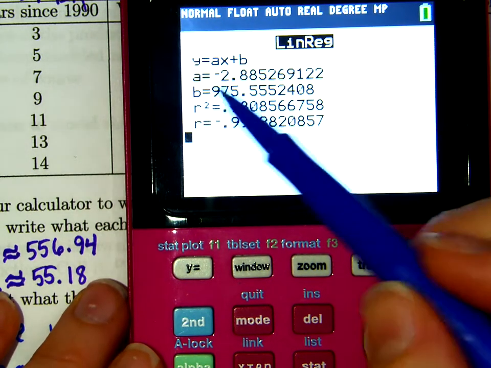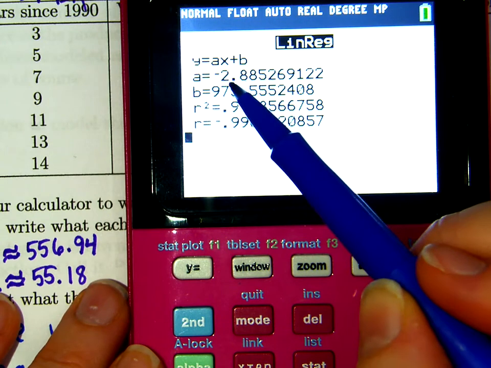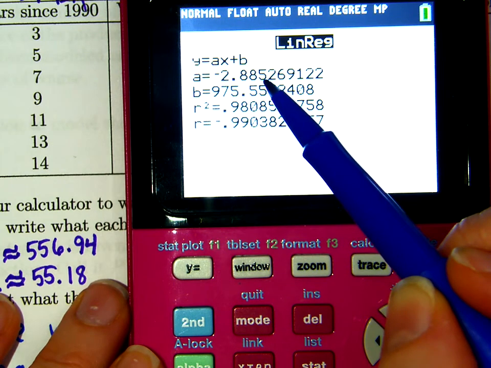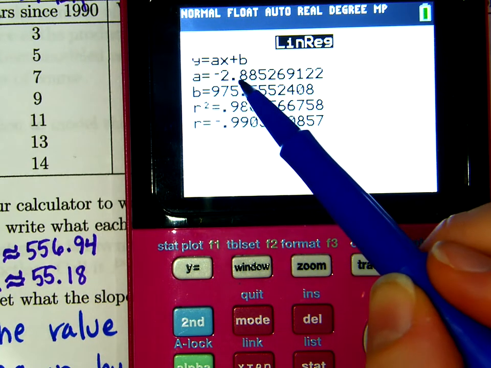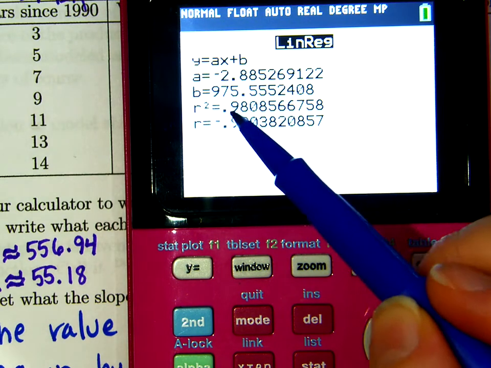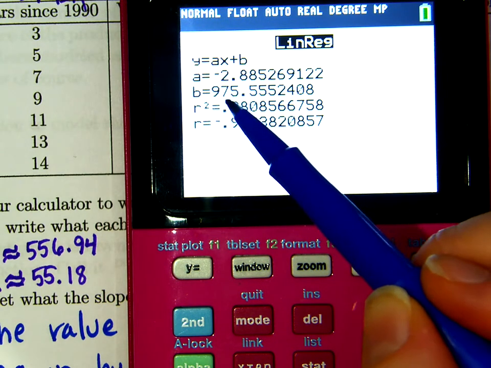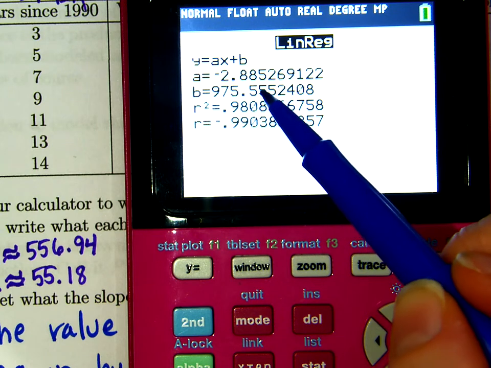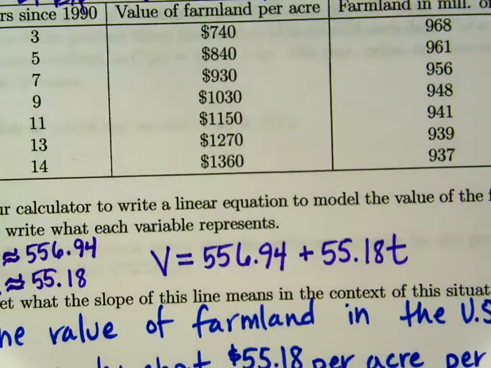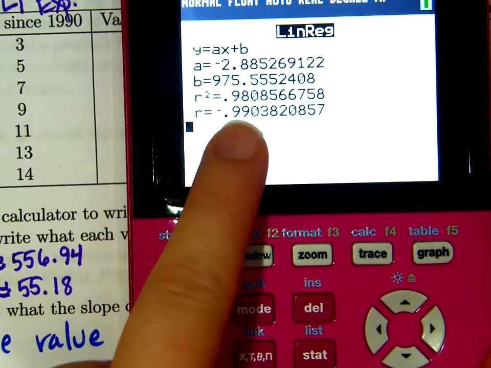Got it. So my slope is going to be negative 2.885. I'm going to round that to negative 2.89. And my initial value is 975.6 about. Look at how strong that correlation is, 99%.